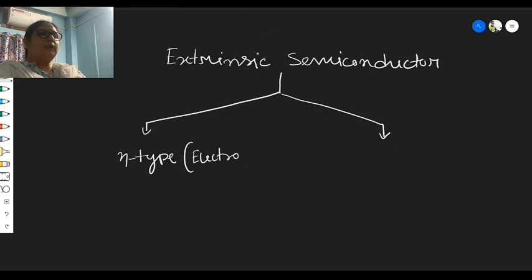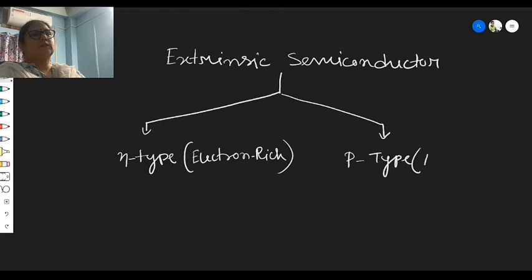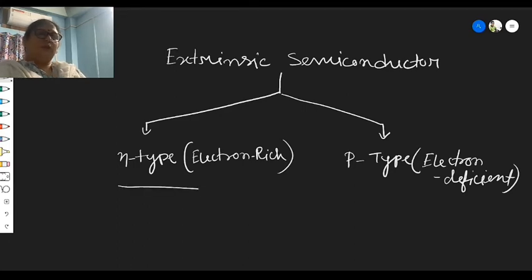That means one is called N type or electron rich, and another is P type, and this one is electron deficient. Now electron rich semiconductors, now we will discuss.